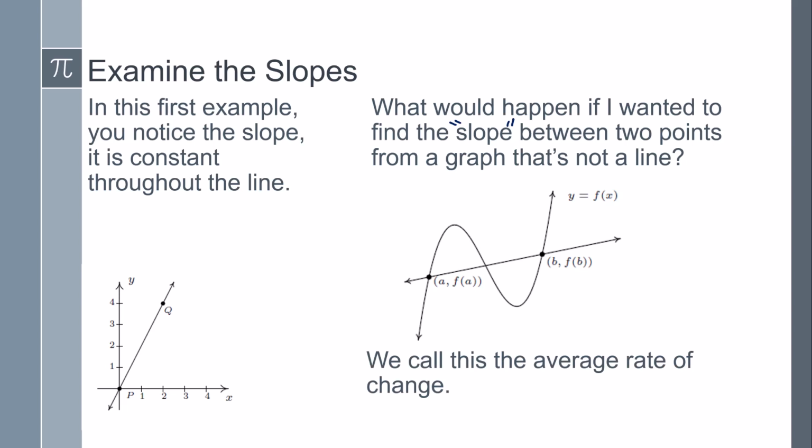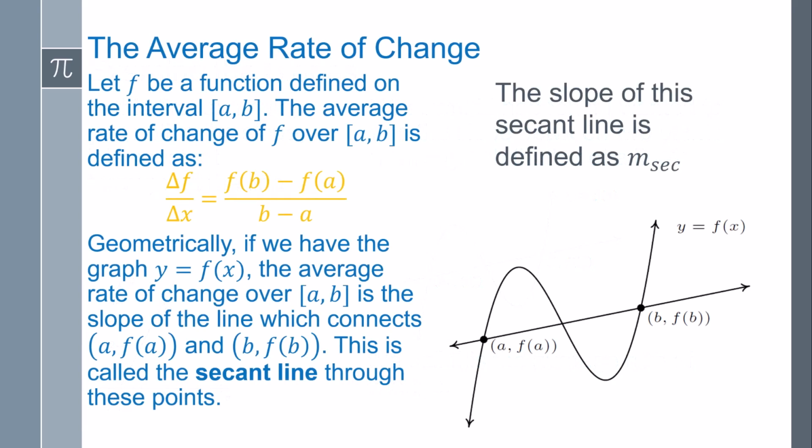Just understand that essentially the average rate of change and the slope are the same thing. They're both y2 minus y1 over x2 minus x1. It's just that the average rate of change looks a little bit more fancy. Instead of calling it x1, I call it a. Instead of calling it x2, I call it b.